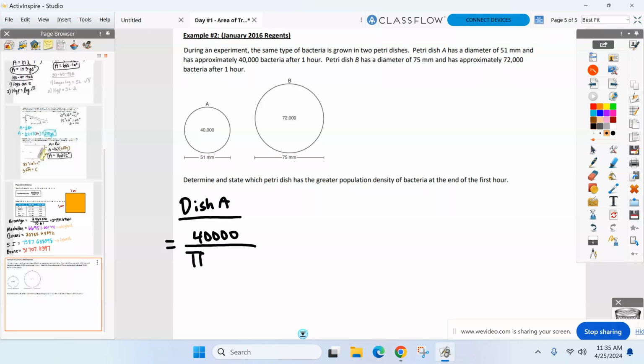We just spent a month doing this. 51 is the diameter of the petri dish, not the r, the radius length. So cut it in half. When we do pi r squared, you don't want to use 51, you want to use half of it, 25 and a half squared.